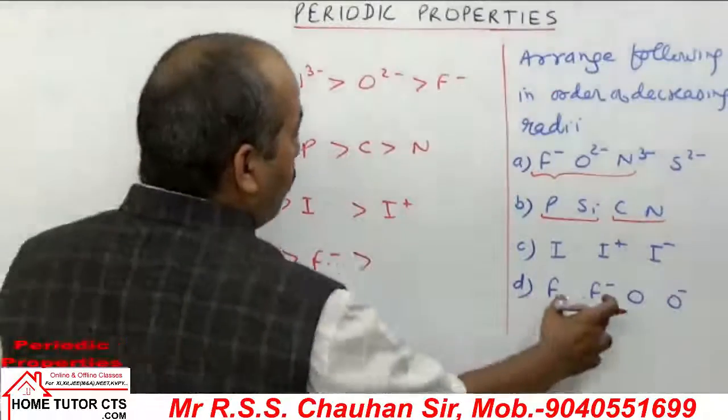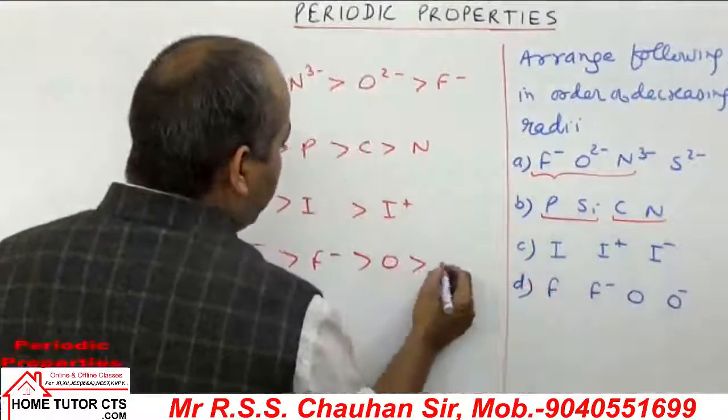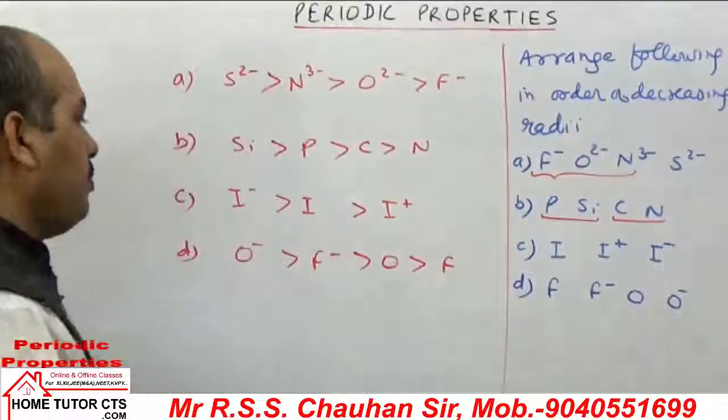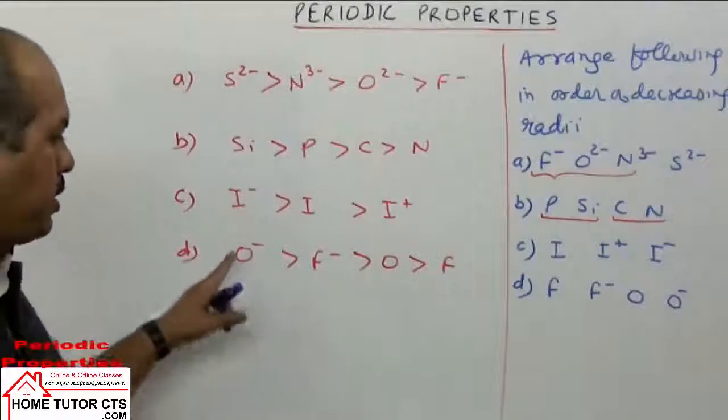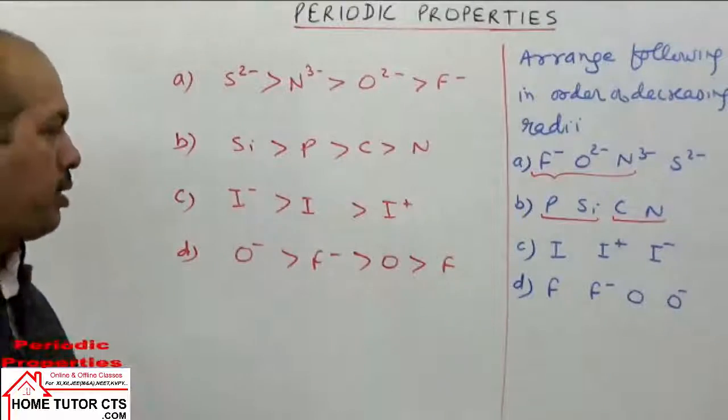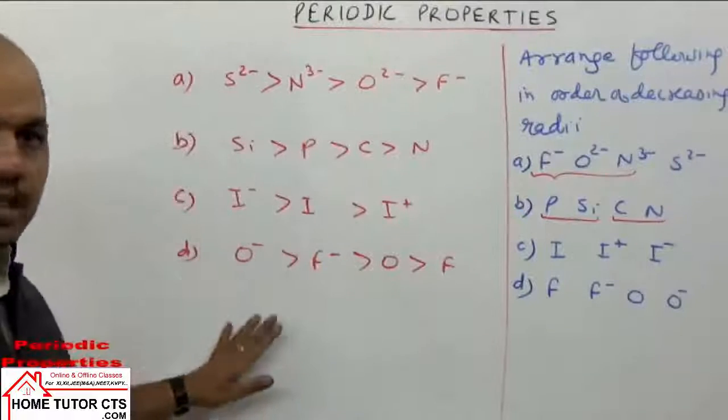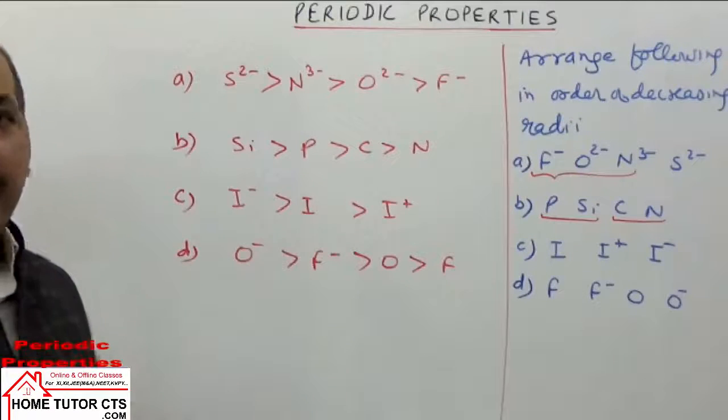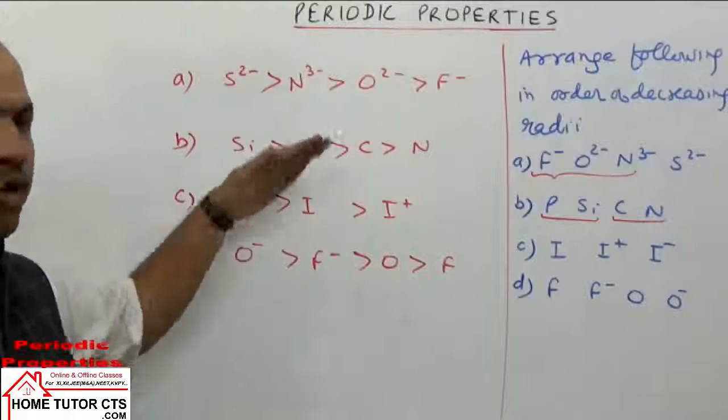And F is smaller than the oxygen atom. Anions are bigger as compared to atoms, so the order will follow this trend in the ions. So I hope it's clear.